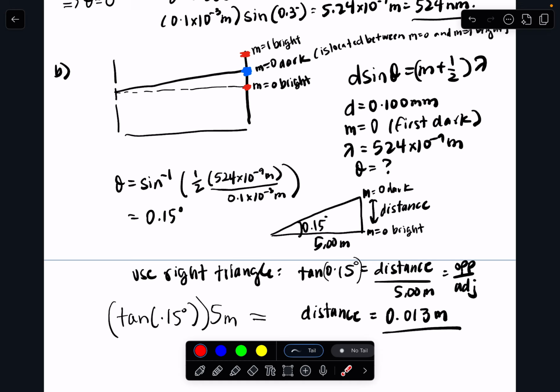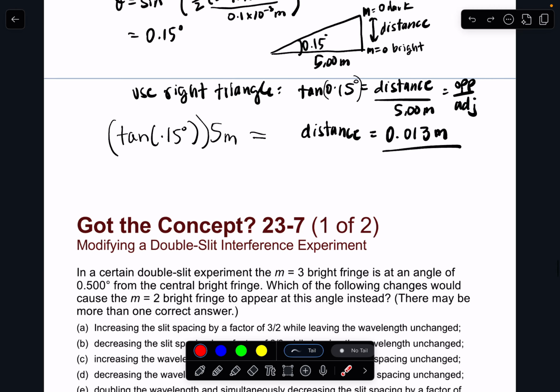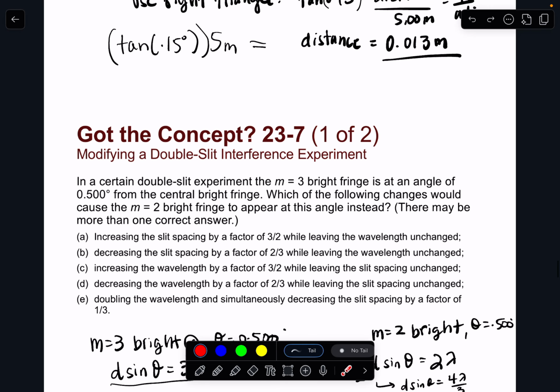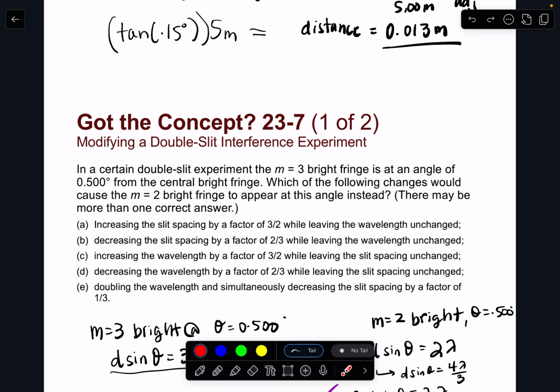And then you're going to want to remember that the m equals 0 bright fringe is at the center. Okay? And then visualize these right triangles. This is a right triangle. Okay? And that's going to help you solve for whatever you need to solve for. So with that, we've got the concept, and we'll wrap up this section.